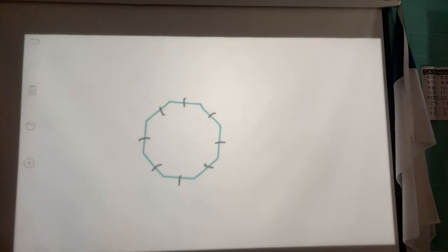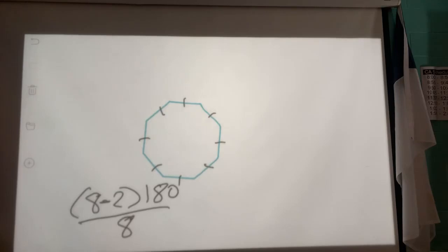If you were to find the interior, then we would do 8 minus 2, times 180, and then divide by 8, because it's regular. The 8 minus 2 is going to be 6, and then 6 times 180 is going to be 1,080. Then we divide that by 8, and that's going to give us 135. So that's the interior.